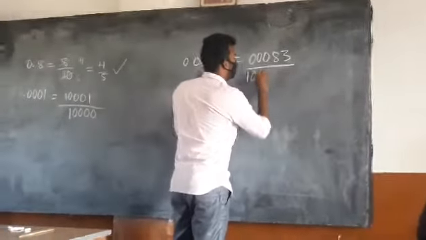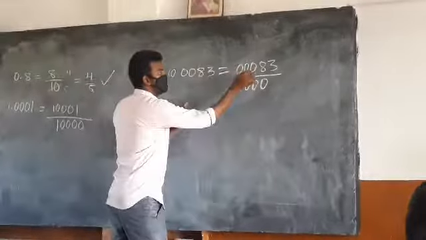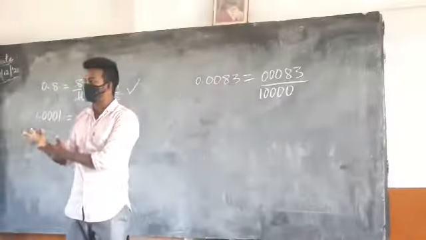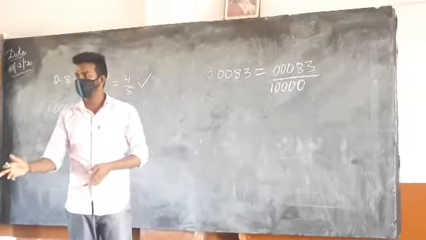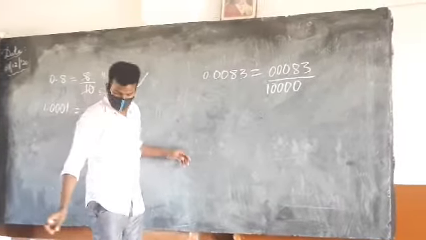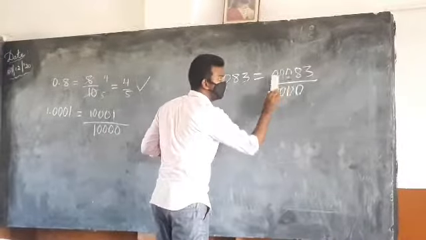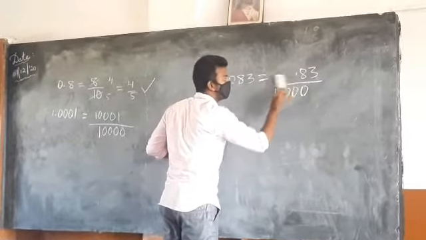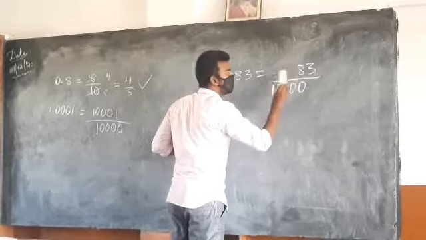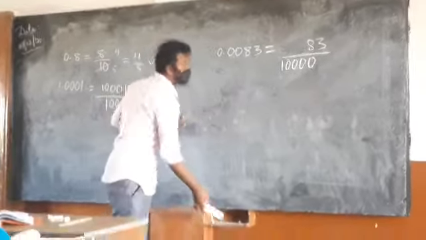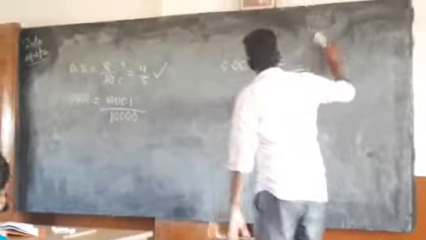Very good. These 3 zeros will be neglected because I have already told you James Bond 007 is equal to 7 only. Understood? Even if you write them, no problem. Even if you do not write them, no problem. It is considered as 83 only. In this way, all the terminating decimals will be converted.